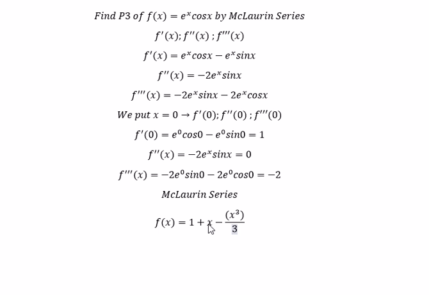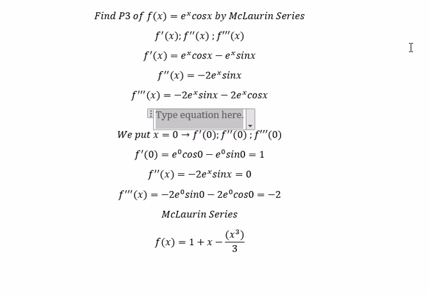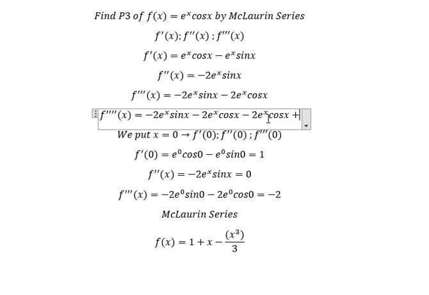So we have only 2 terms, so we need to go to the fourth derivative of the function. You get negative 2e to the power of x sine x, negative 2e to the power of x cosine x. The next one, negative 2e to the power of x cosine x, so you get positive 2e to the power of x sine x.